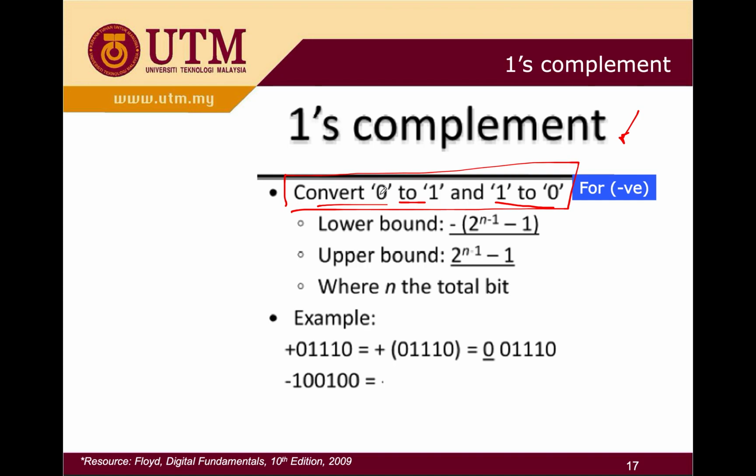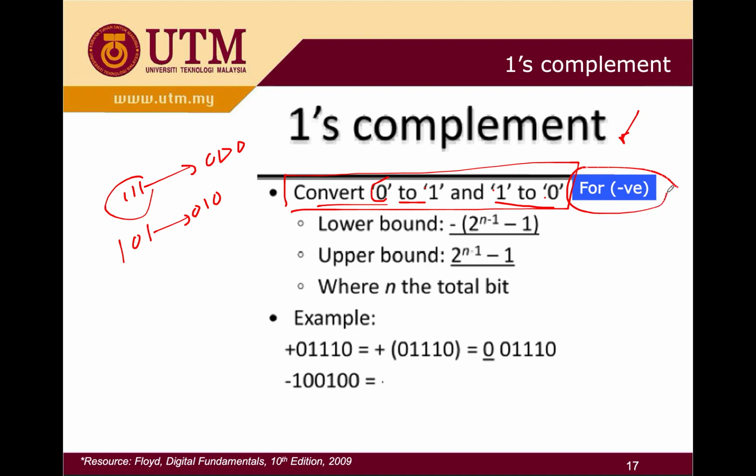You're going to change 0 to 1 and 1 to 0. Let's say you were given this kind of number, what is the first complement of this? You get 0 0 0. Let's say you have 1 0 1. What is the first complement number? It is 0 1 0. Because you're going to change 0 to 1 and 1 to 0.